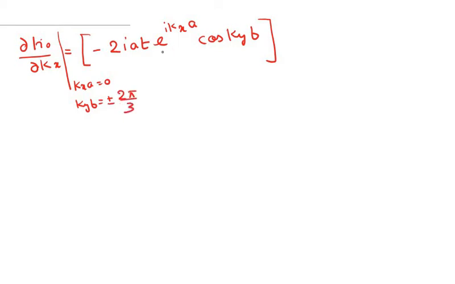So if we put kxa equal to 0, this factor goes to 1, and if we put kyb equal to plus minus 2 pi by 3, this entire factor basically becomes 3a0t divided by 2, and we put an I over here, where I denotes the square root of minus 1.